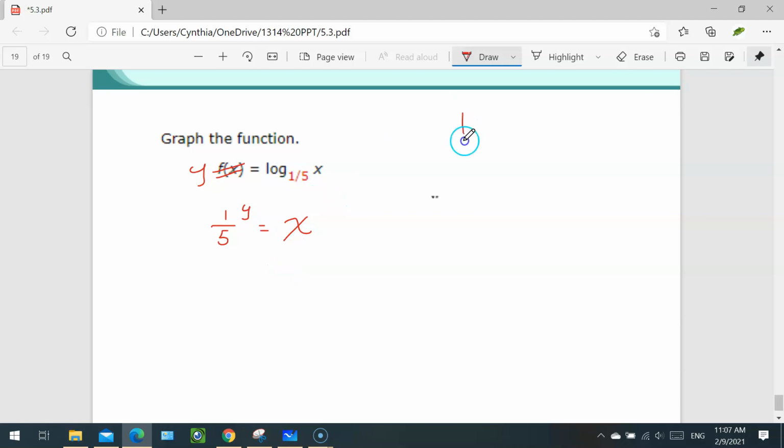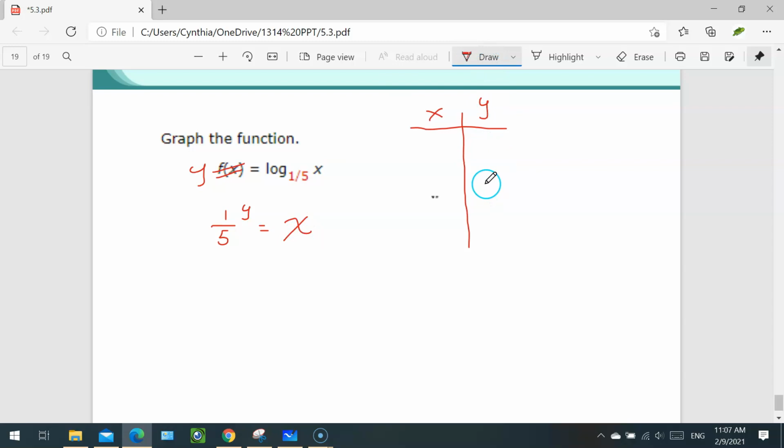Now I'm going to make a table of x and y.